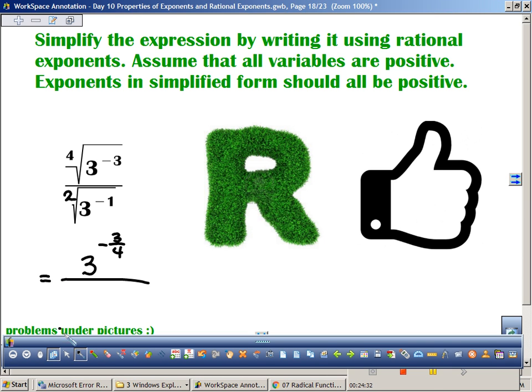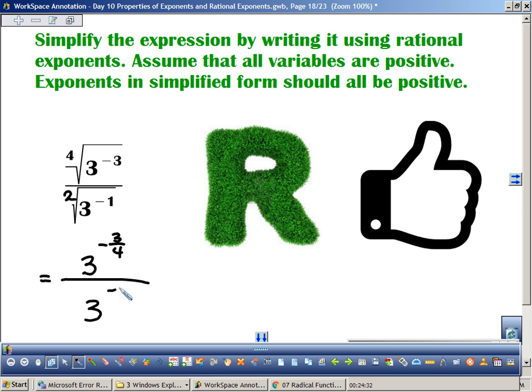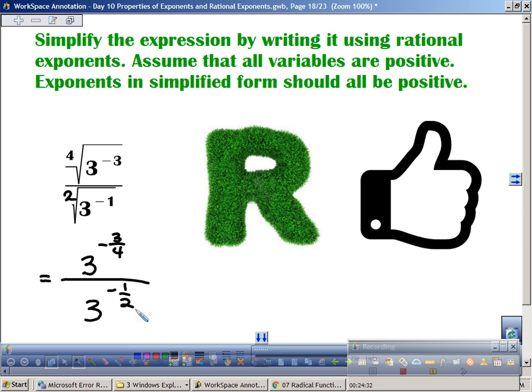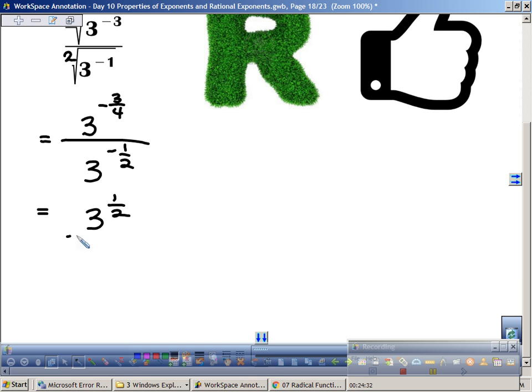And then my denominator is actually 3 to the negative 1/2. Correct? Then all I have to do is take them and swap them. So 1/2 is going to go in the numerator, and this one's going to go in the denominator.